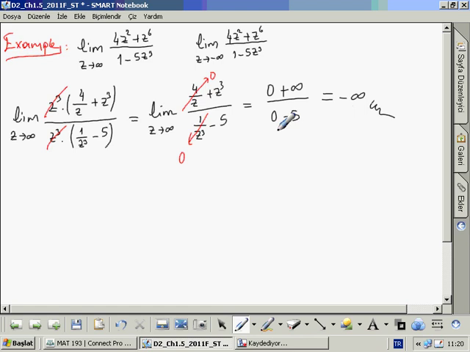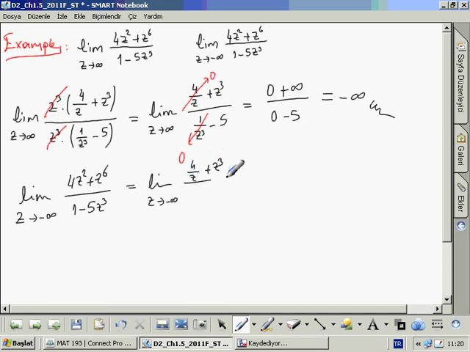Okay, and what will it be? It will be easy to see, the limit as z goes to minus infinity, and the same idea. Okay, for z squared plus z to the power of 6 over 1 minus 5z cubed, it is equal to the limit as z goes to minus infinity of 4 over z plus z cubed over 1 over z cubed minus 5.